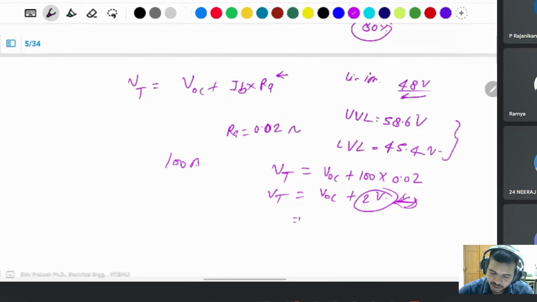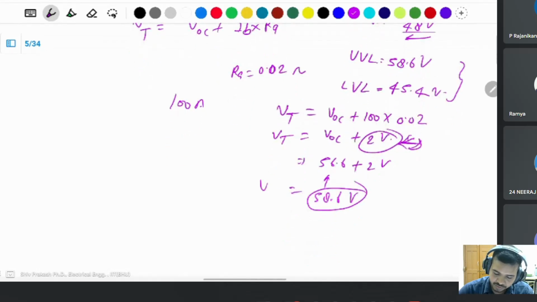It means if there is 56.6 volt actual VOC, then with the extra 2 volt it will show 58.6 volt on our system. What happens? The system will suddenly turn off the charging because it exceeds the voltage limit.